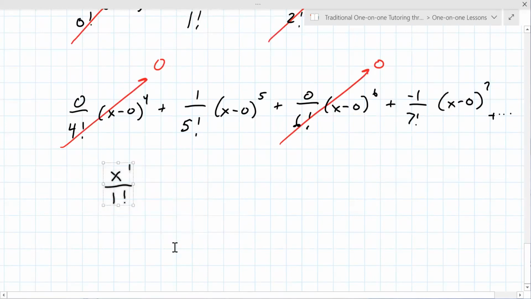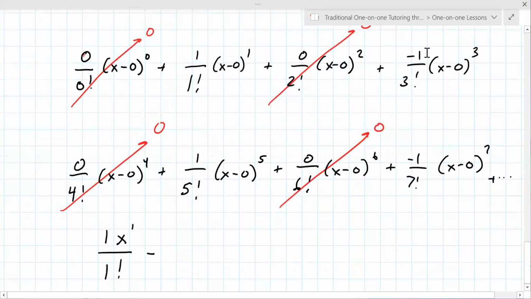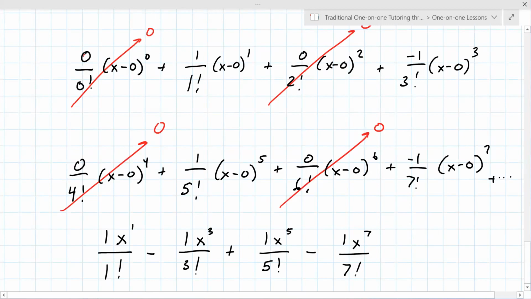It's 1 x to the 1 over 1 factorial minus, and now we're grabbing this one up here, 1 x cubed over 3 factorial plus 1 x to the 5th over 5 factorial minus 1 x to the 7th over 7 factorial.